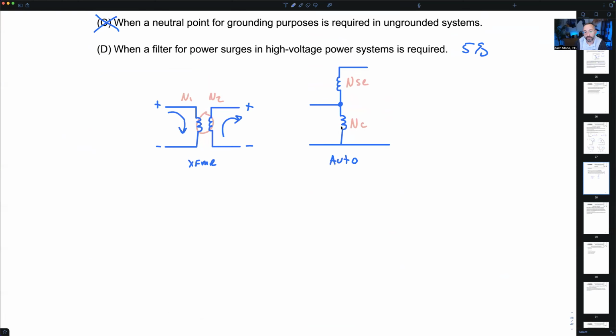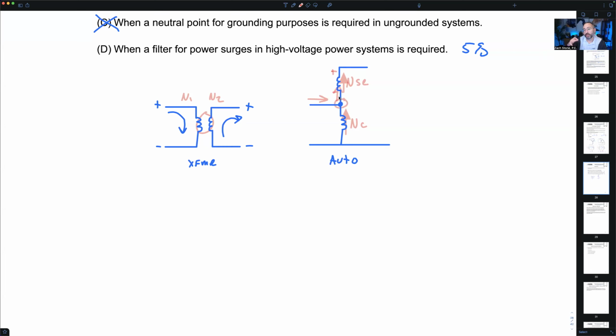On an auto transformer, I've got flux induced in my common winding if I'm stepping up, that induces a little bit of voltage and current in my series winding, but then I still have some current that's directly flowing through that node.